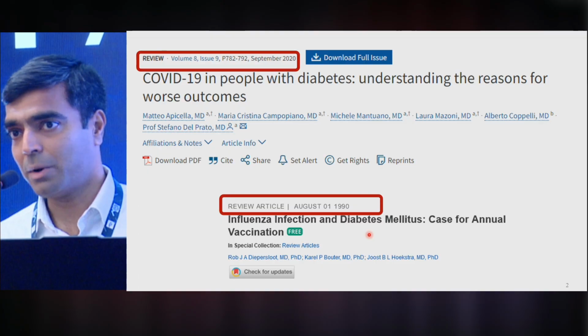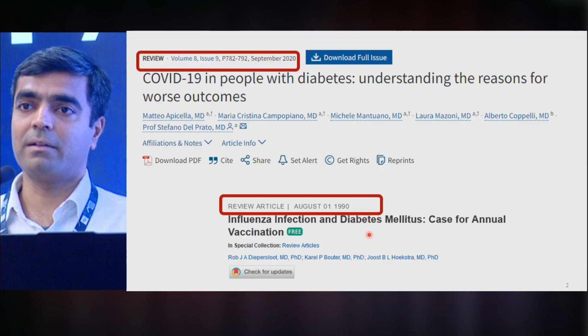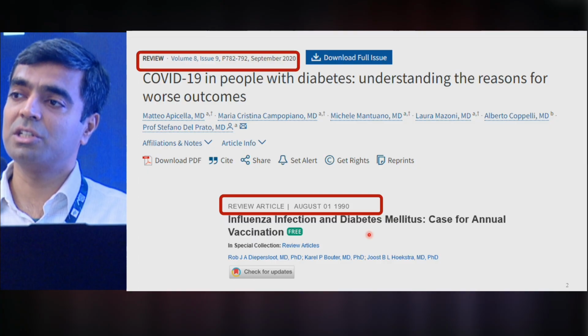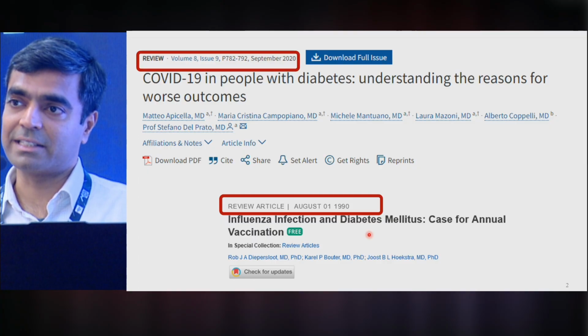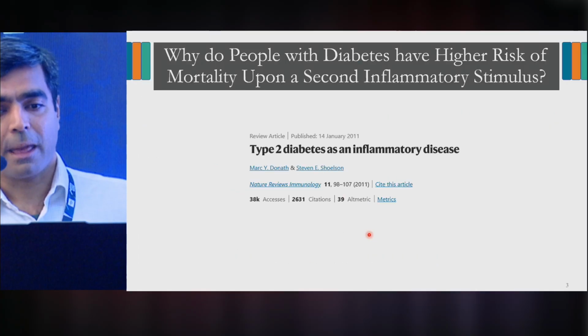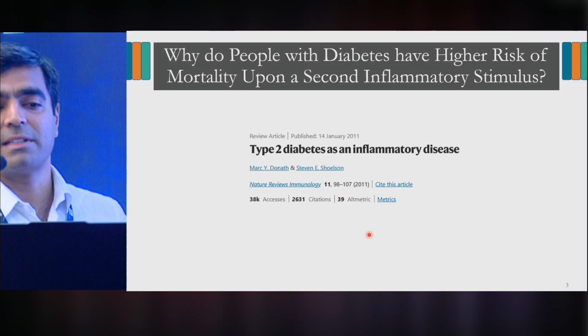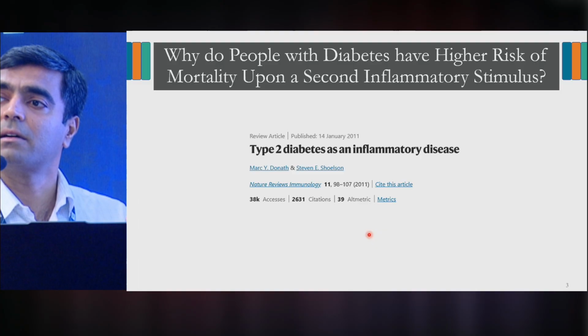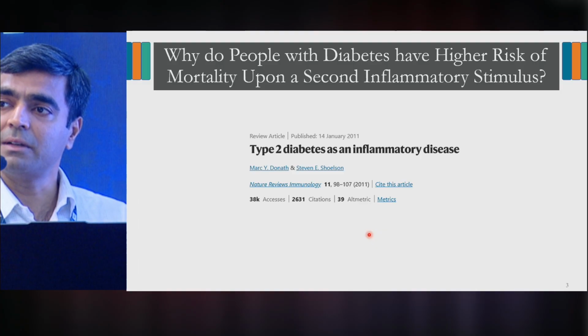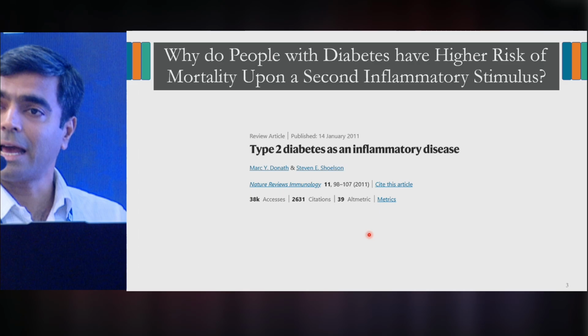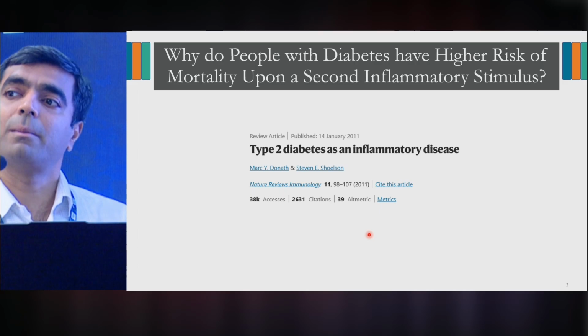That's something that we were trying to do, but with a very different angle, trying to engineer new approaches for testing in animal models. So this is where we started about 10 years ago, with the idea that diabetes is an inflammatory disease at some level, and there's a higher risk of mortality when there's a second inflammatory stimulus.